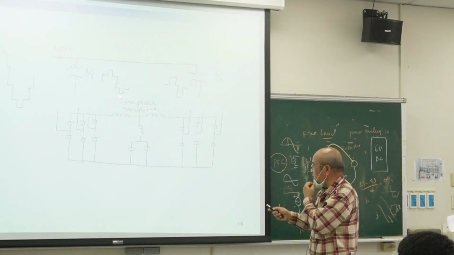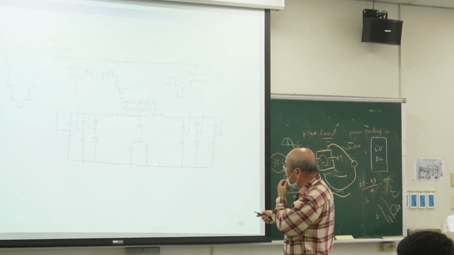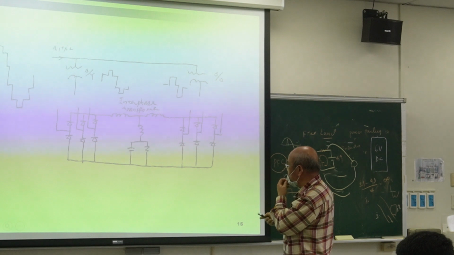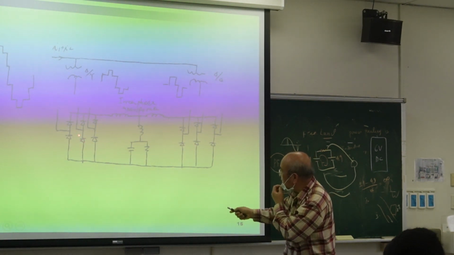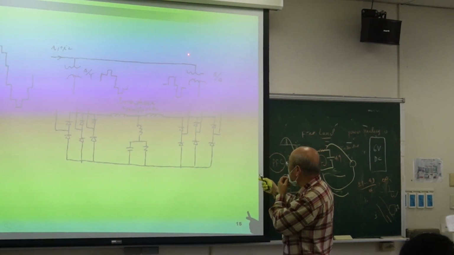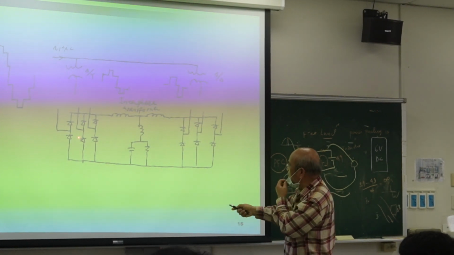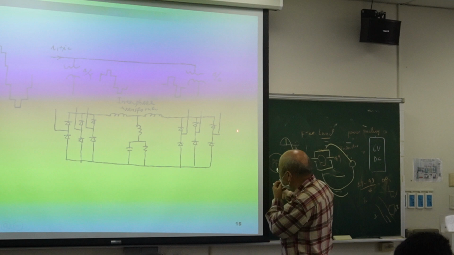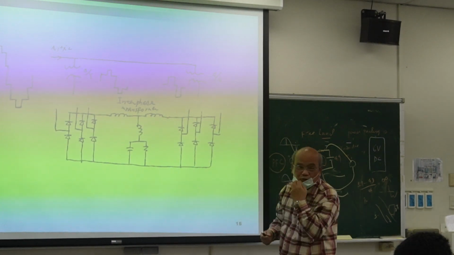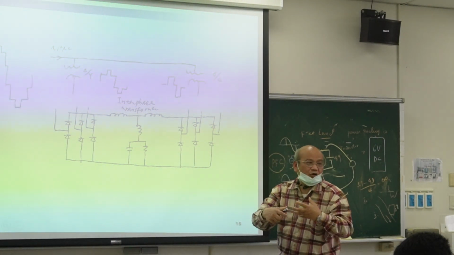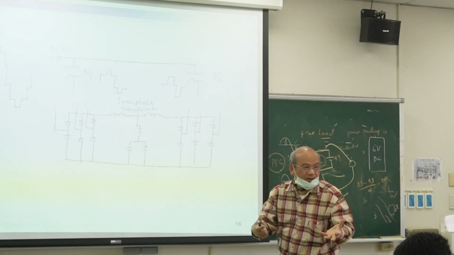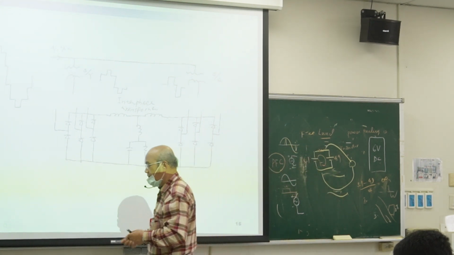So this is the improvement of the previous. This one supplies this one, this one supplies this one, but the load could be different. But now we use the whole system to supply these two. Then each one shares almost 50%. Then it works very well.